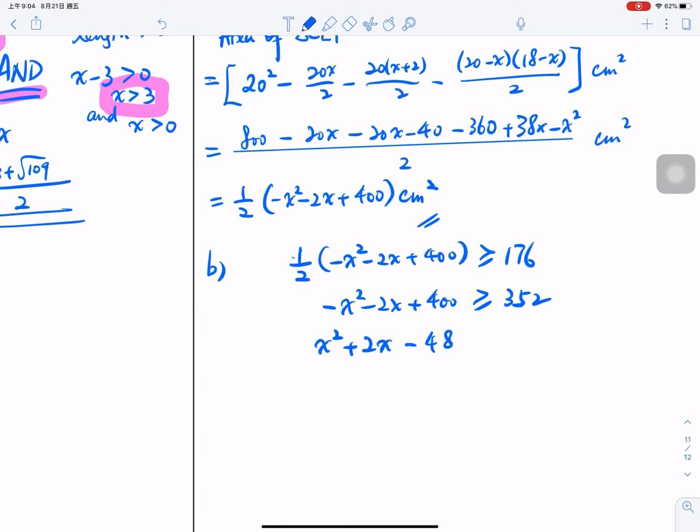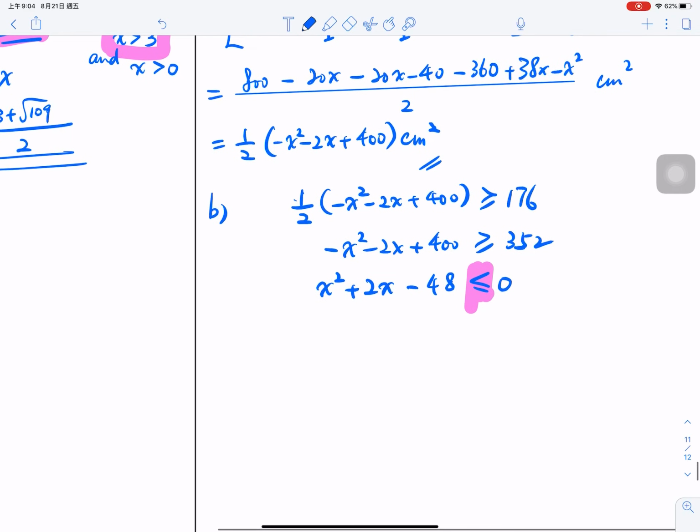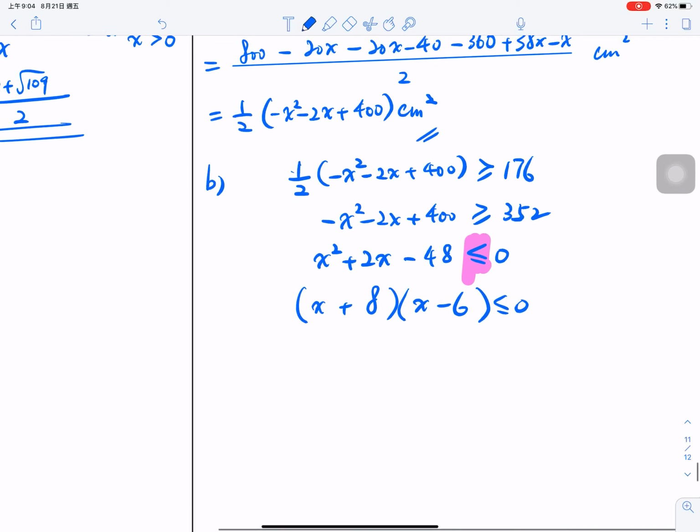Then you get this one. See, here becomes smaller than 0. So you can factorize now. What are 2 factors? Again, 3 seconds for you. Yeah, the answer, x plus 8 times x minus 6.